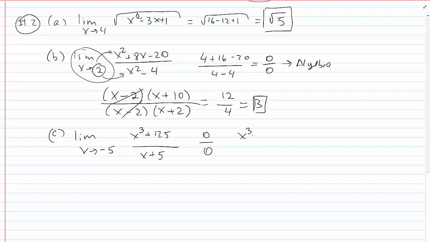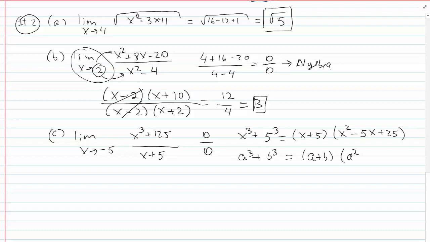So if you use a formula, this becomes the sum of the cubes. And the sum of the cubes equals the sum of the two numbers times the square of the first minus the product of the two numbers plus the square of the second, like that.